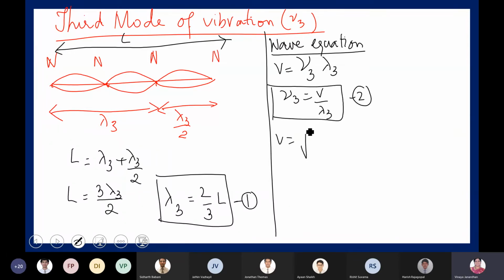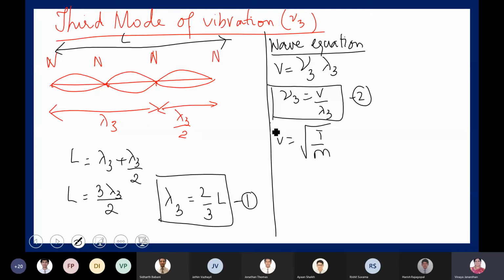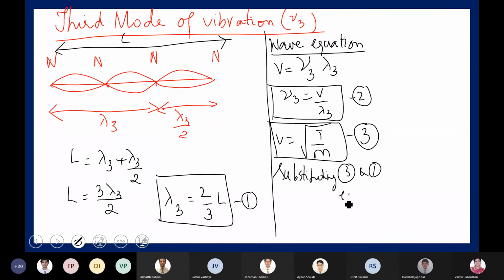Velocity is equal to root of T by M, equation 3. Now substitute 3 and 1 in 2.